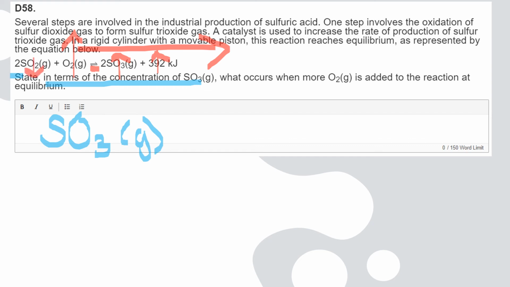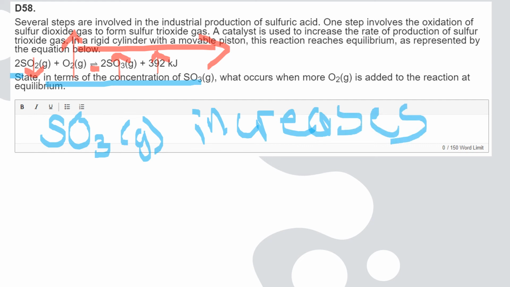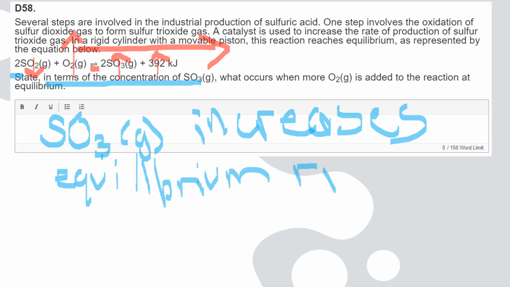So the amount of SO3 does what? Increases. All right, so the concentration of SO3 increases, and that's because the equilibrium shifts to the right. Right, so the equilibrium shifts to the right. Again, excuse the mouse writing.